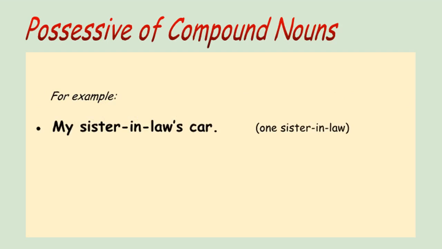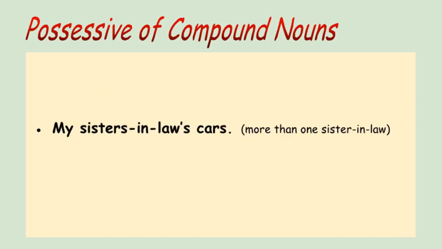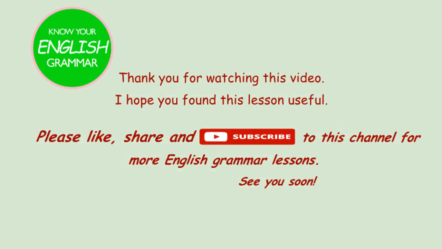So our noun takes the singular possessive form. In our next example, we have the plural form of sister-in-law, which is sisters-in-law. If we apply the same principle of adding the apostrophe s to the last word in the noun, our sentence becomes, "My sisters-in-law's cars." That's our lesson for today.